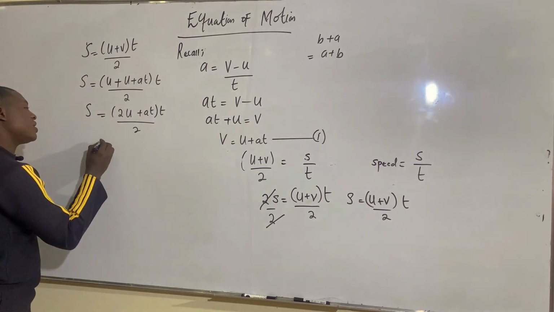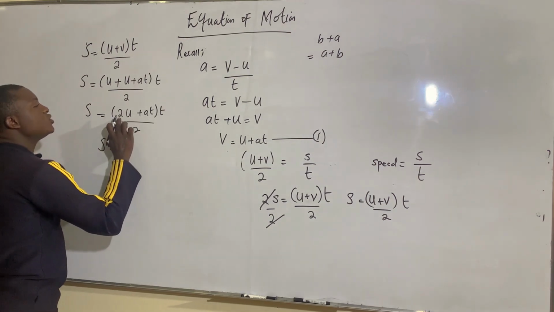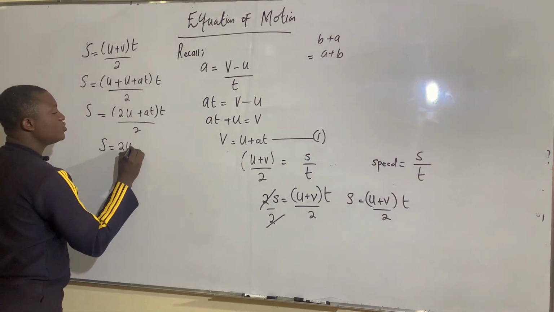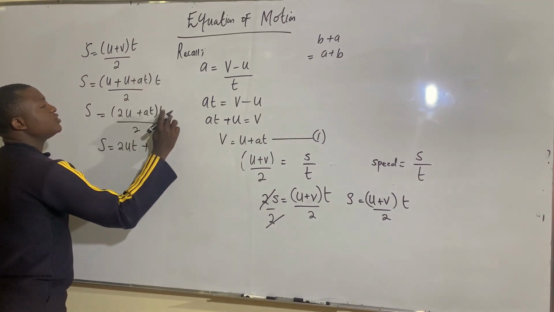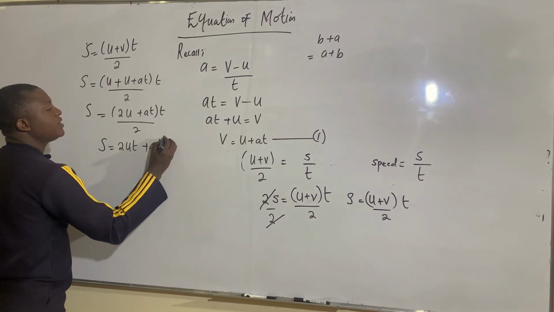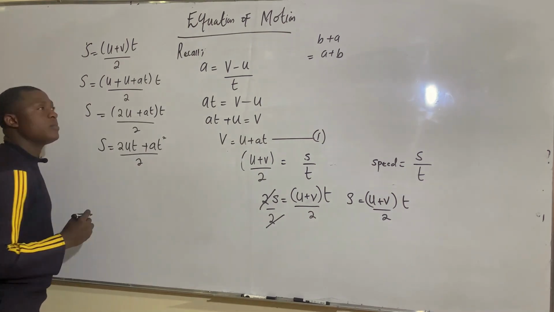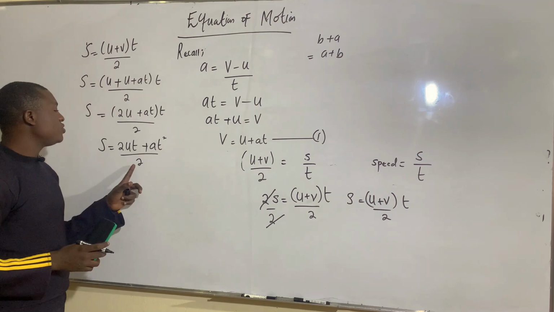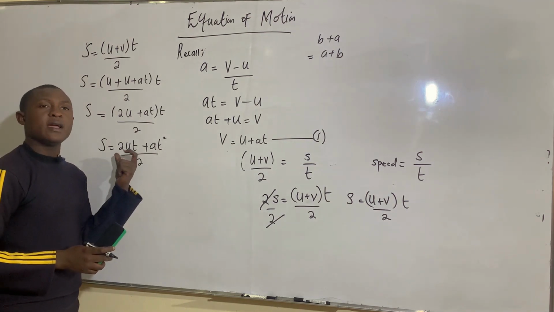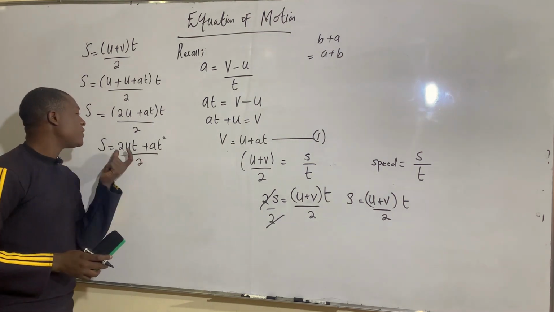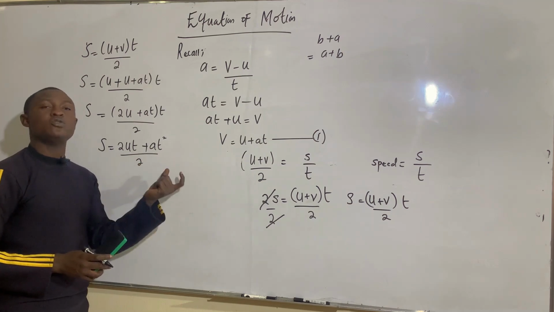So here we are going to have x equal to 2 times t, we are going to have 2ut, at multiplied by t, we are going to have at squared, all divided by 2. You can see this 2 is just a fraction for the first one and at the same time for the second one, meaning it will affect the first one and at the same time it will affect the second one.